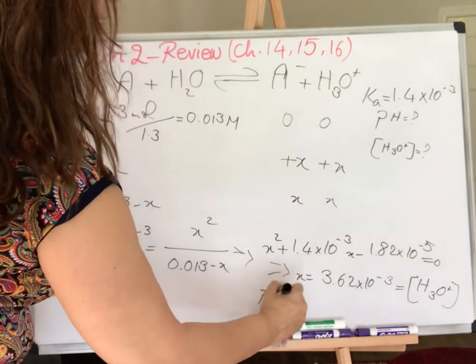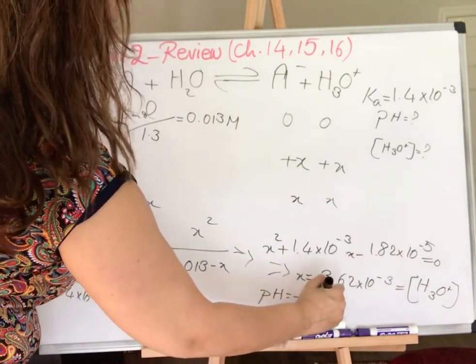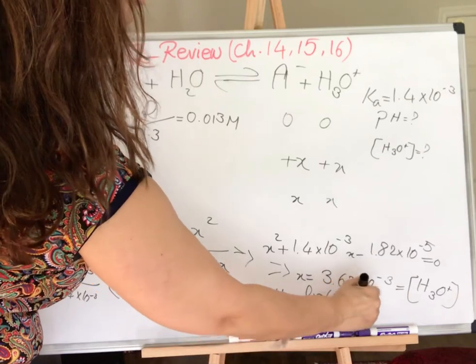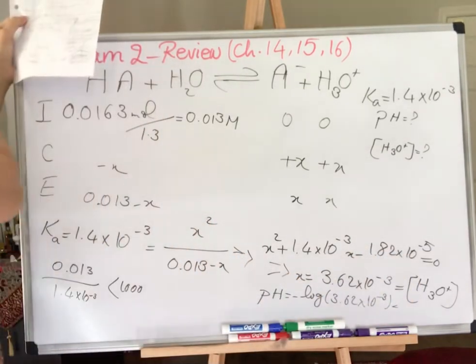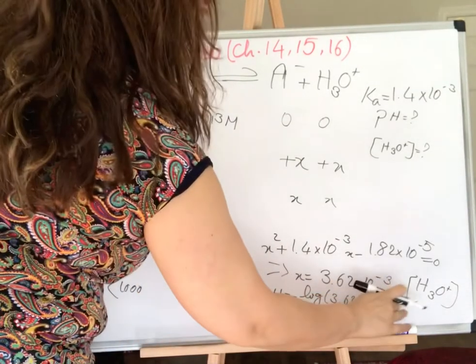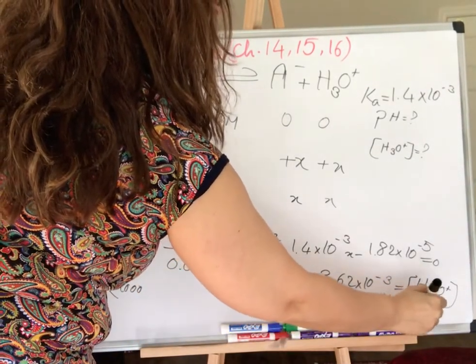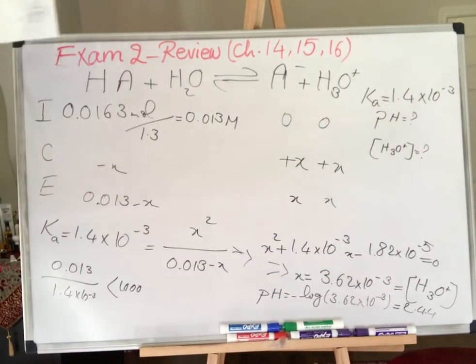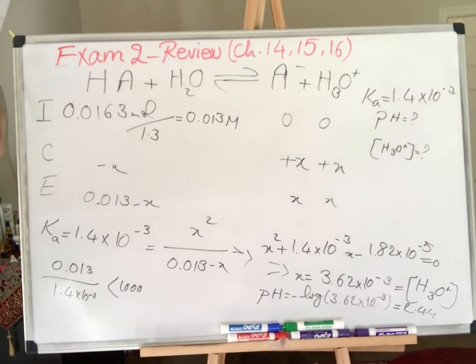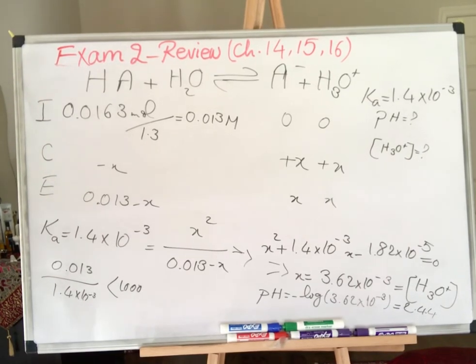So pH is going to be minus log of 3.62 times 10 to negative 3, and it's going to be 2.44. And you have it as choice B. So you get B as the correct answer.